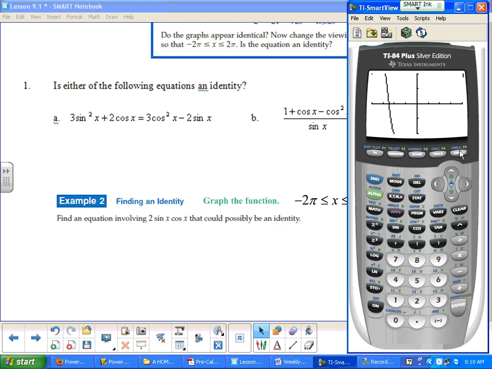So if I graph them, here's my first one, and I probably should have changed that window a little bit, right? But we can see that obviously, even from that standpoint, these are definitely not the same. So let me stop it and hit zoom 7. Here we go. So there's the graph of the left side of our equation, and here comes the graph of the right side, and they're definitely not the same. So those definitely could not be an identity.